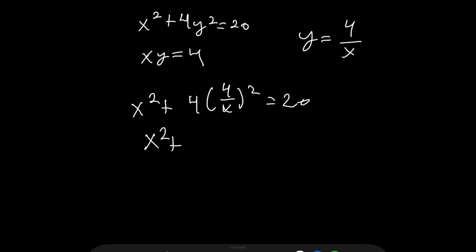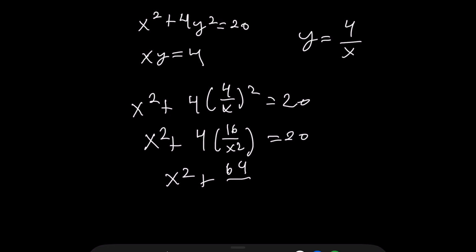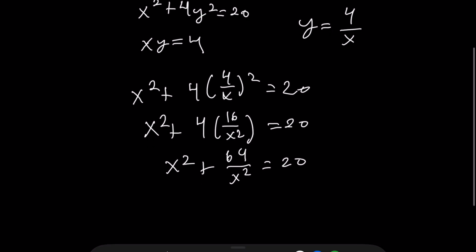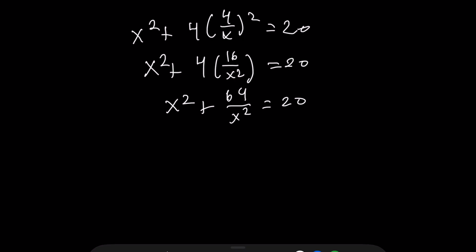Of course, y squared becomes 16 over x squared, and then times 4. So 4 times 16, that becomes 64. 64 over x squared is equal to 20.